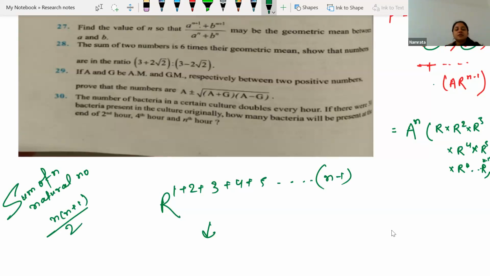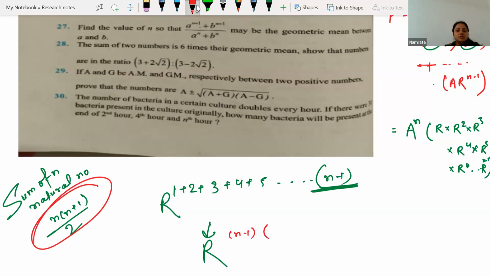Here, instead of n we are having n minus 1, so we will be using the same formula. N into n plus 1 by 2, where our n is n minus 1, so n minus 1 into n, that is n into n minus 1 by 2. Is it clear?